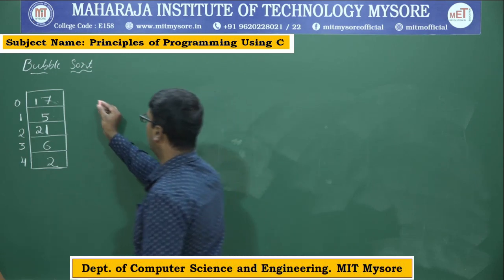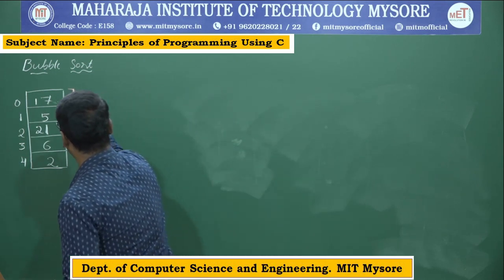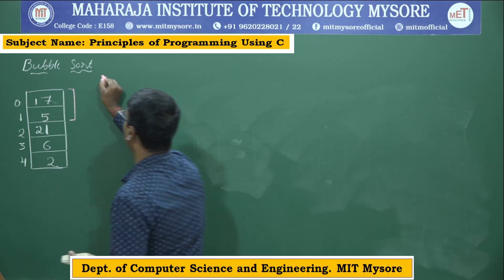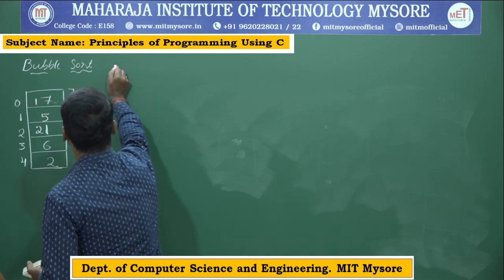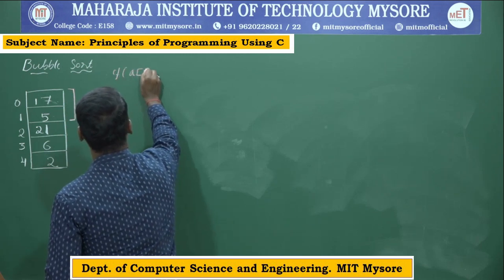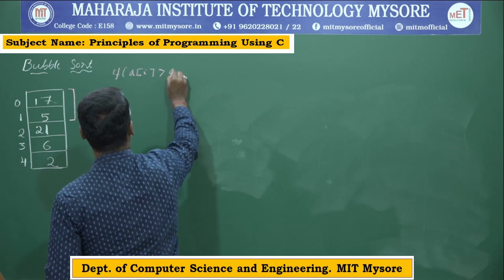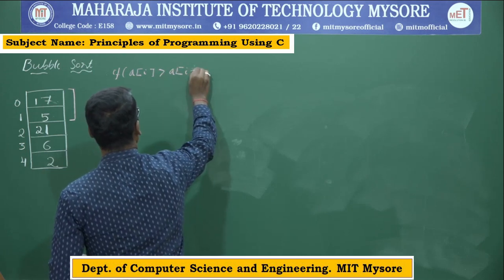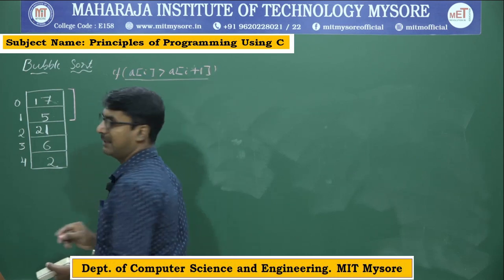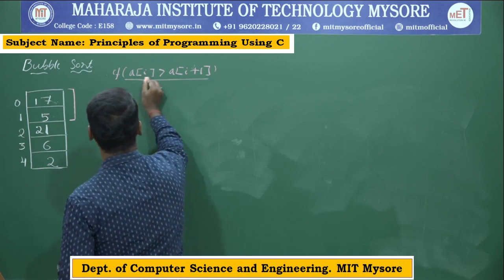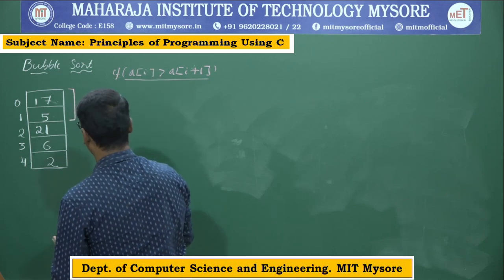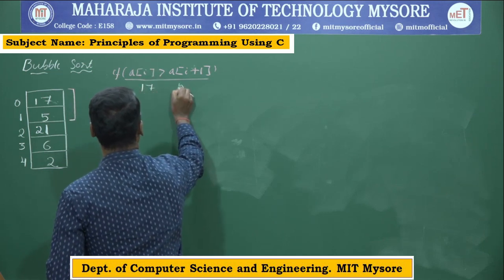So in the first iteration, it will compare the first element with the second element. Here the comparison will be performed: if A of I is greater than A of I plus 1. You can consider I as an index or J as an index. In the first iteration, the values are 17 and 5.